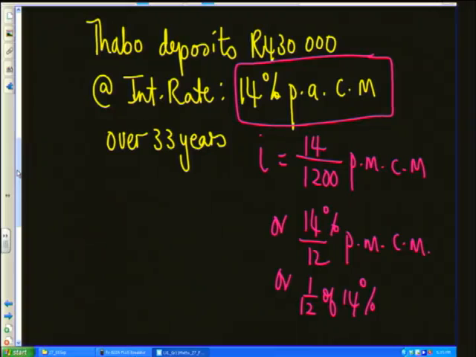So my I has changed, but over 33 years, I'm now calculating an interest rate that is a monthly rate. So my N is not going to be 33. It's going to have to be a value that is in months.